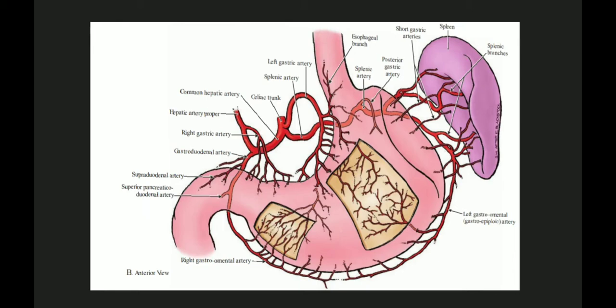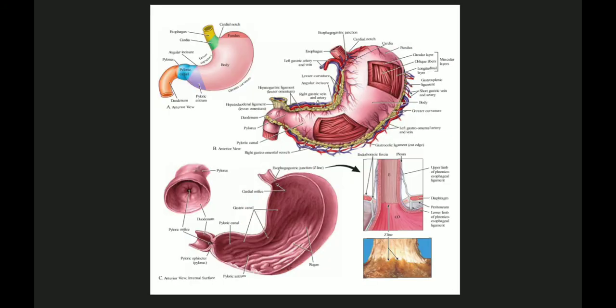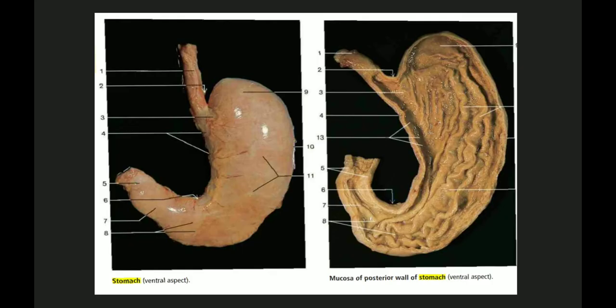Now come to the cavity. The body cavity of the stomach has three parts. In the interior of the stomach, there are temporary mucous folds called rugae. These are the rugae, the folds.